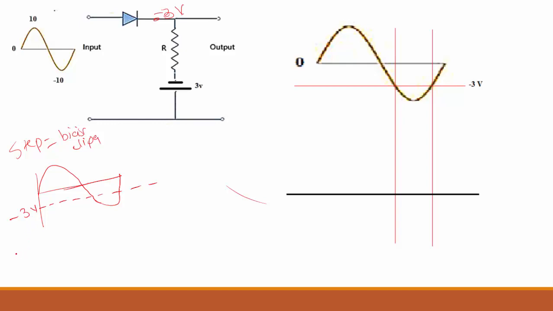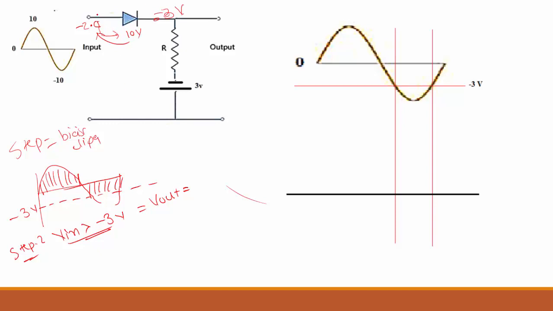That means step 2 is V in greater than minus 3 volt. What am I talking about? I am talking about these waveforms. There is a V in greater than minus 3 volt, and what should be the output? Let's suppose here it's minus 3 volt. If you apply greater than minus 3 volt, that is minus 2.9 to 10 volt and 10 to minus 2.9, what is the voltage you will get?